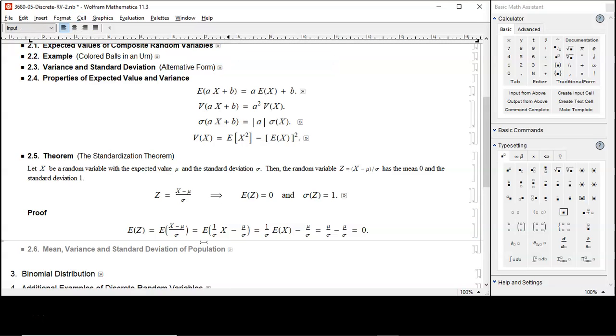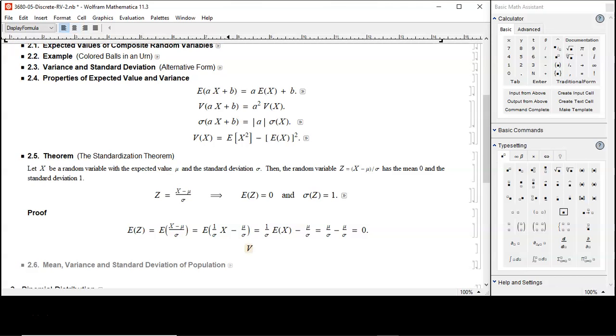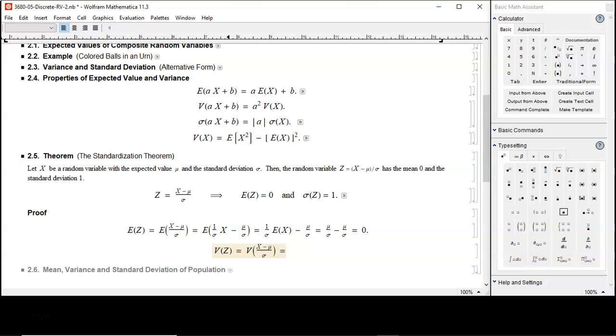Okay, so much for expected value. How about the variance? Can we apply the same idea here? Yeah, I guess so. You can rewrite it like this.